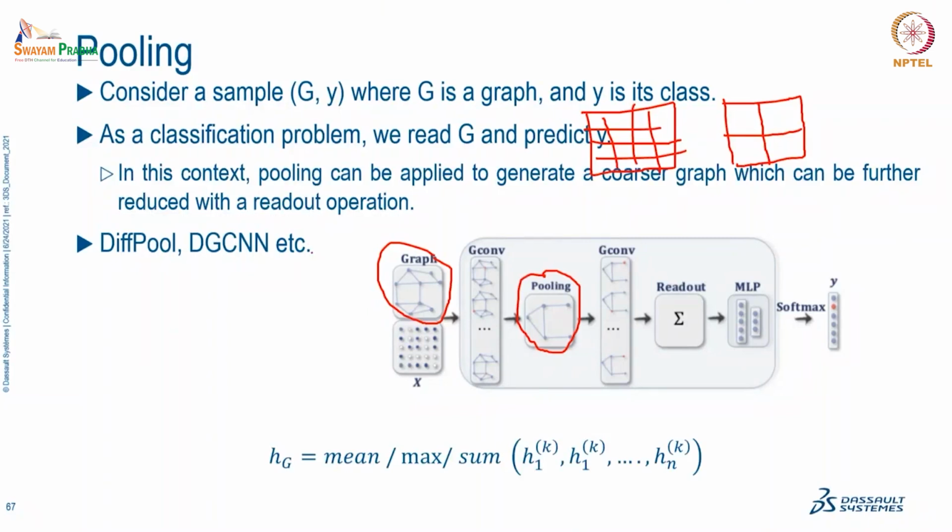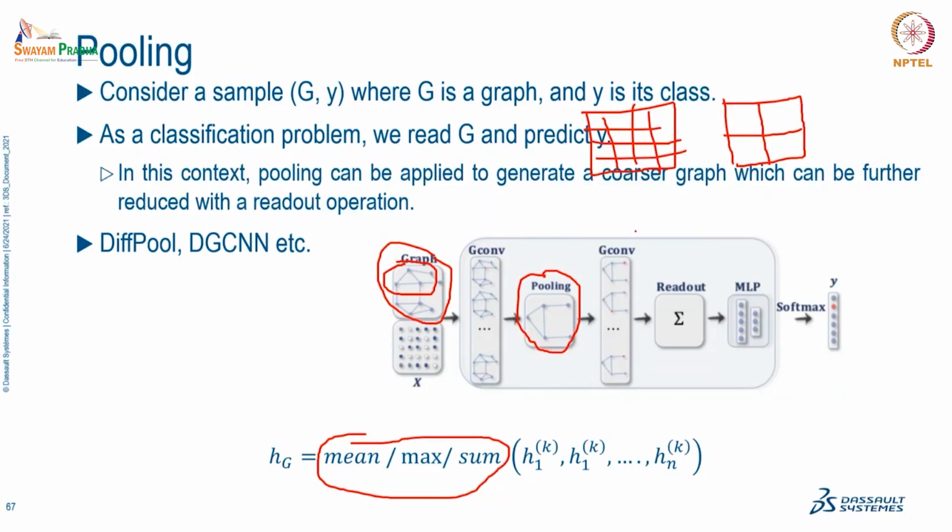As we already saw, mean pooling, global pooling, max pooling, the same thing is there here as well. We shrink these three nodes into a single node based on their structural equivalence, and we get a smaller structurally equivalent graph. So this is the pooling layer in a graph convolution network.